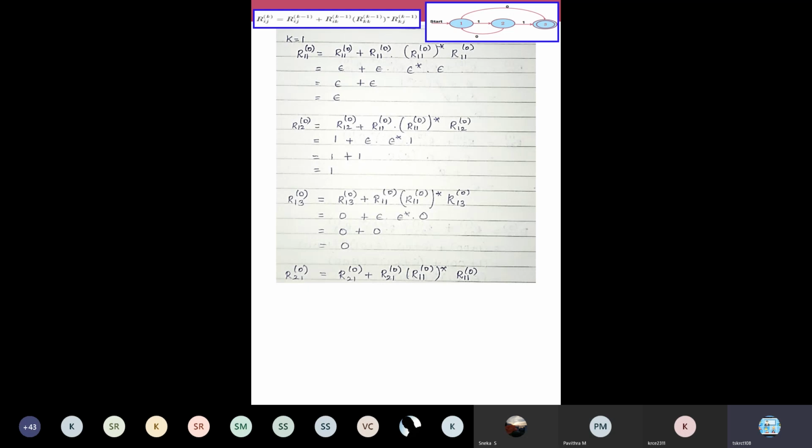I've given the correction in the chat box. r21 of 1 is r21 of 0 plus r21 of 0, r11 of 0 star, r11 of 0. Just substitute the values of i and j. If it is difficult for you to remember, you can write in pencil.